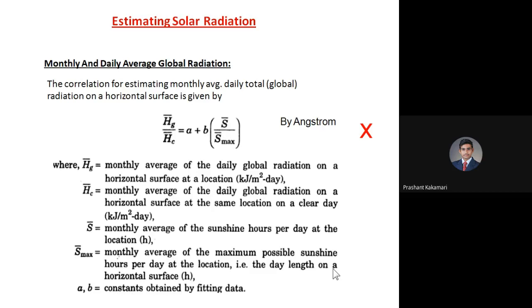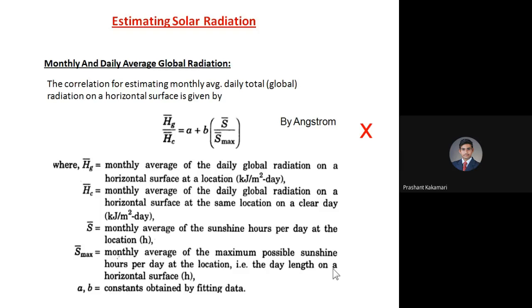According to him, the ratio of the monthly average of the daily global radiation, Hg bar, that is the monthly average of global radiation measured per day, to Hc bar, the monthly average daily global radiation measured only for the clear days.